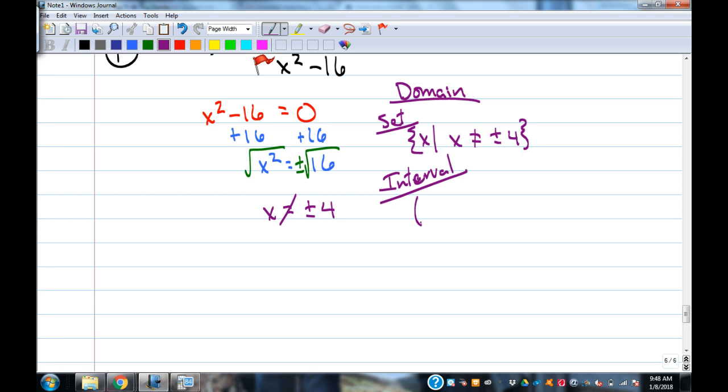Okay, so with interval, we're starting at negative infinity and going up to what number? What's the first one we run into? Negative 4. So if we're starting at negative infinity, sometimes it helps to visualize that number line. We're walking this way. We run into negative 4. That's a problem. Got to jump over that. How do we jump over negative 4?